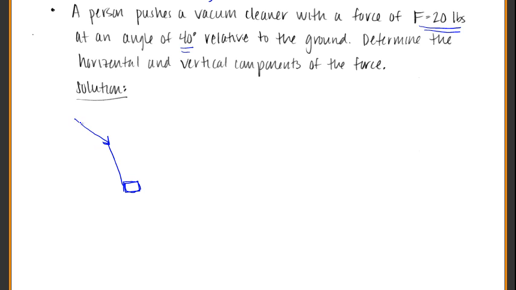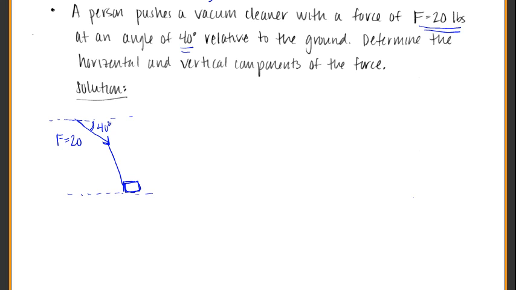And it tells us here that the force is 20 pounds, so F is equal to 20, and it says it's going to be done at an angle of 40 degrees relative to the ground. So how we draw this is obviously this is the ground here, or we can always move it up here. This is also the ground, okay? Any kind of horizontal component we can treat as the ground. And so that right there is the 40 degrees we're talking about, okay?